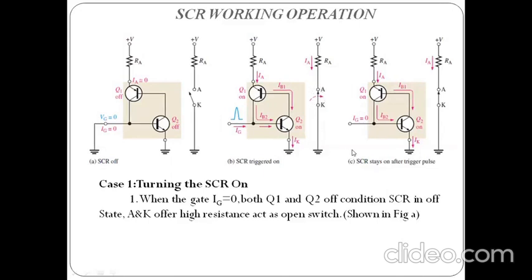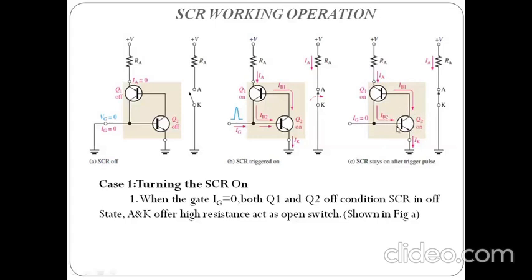The third case is if the positive trigger pulse is removed from the gate terminal, that is, IG is equal to 0, the SCR still stays in the on condition. This happens because Q2 gets additional current from IB1 and IB2.